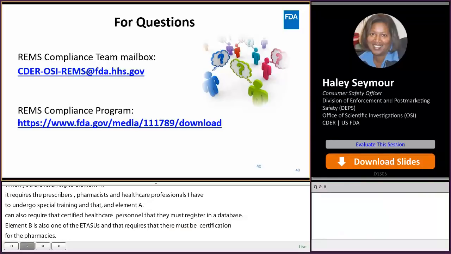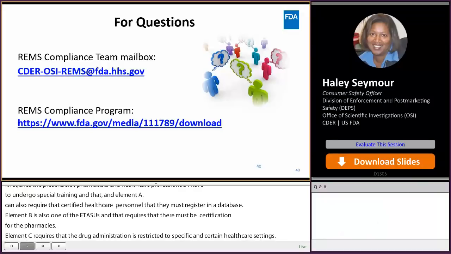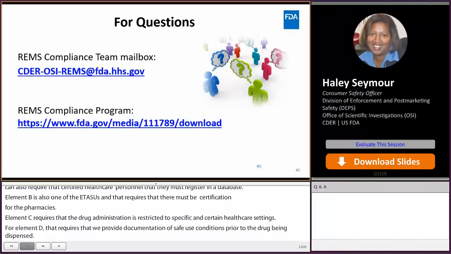For element D, that requires that we provide documentation of safe use conditions prior to that drug being dispensed. For element E, that requires that there's monitoring of the patients. And then finally, element F requires that there's an enrollment of the patients in a specific registry.